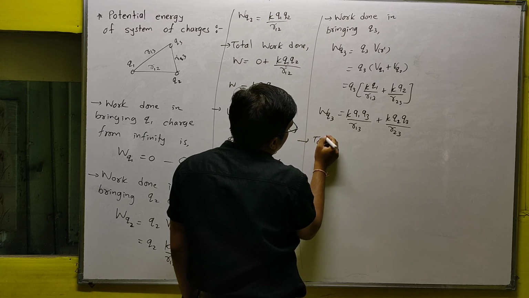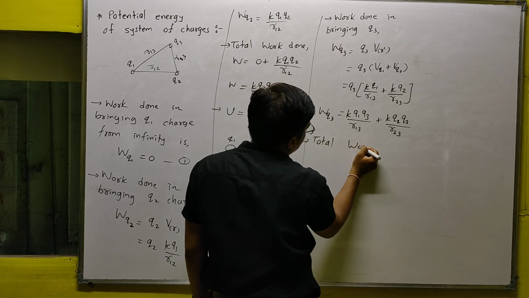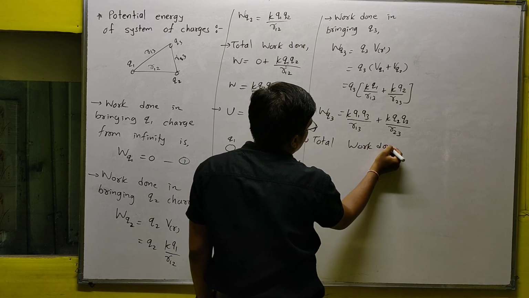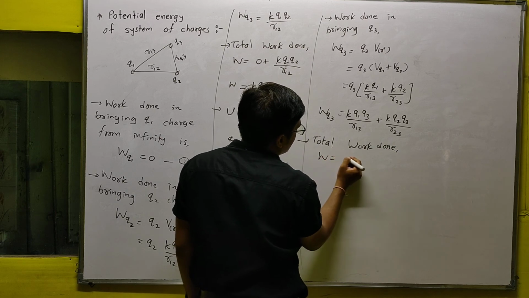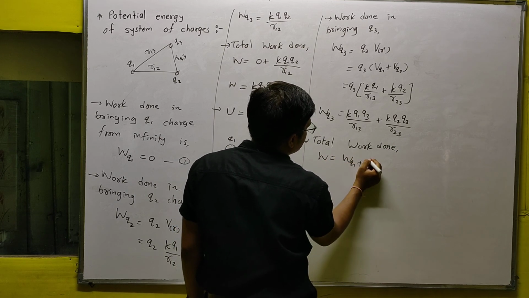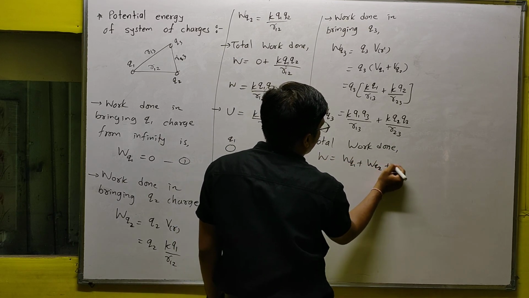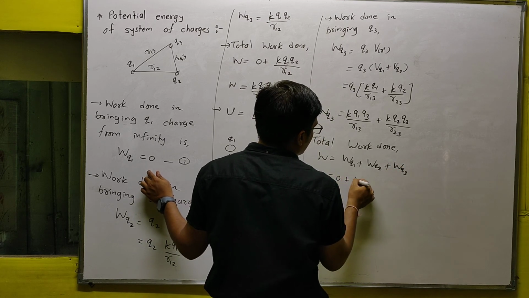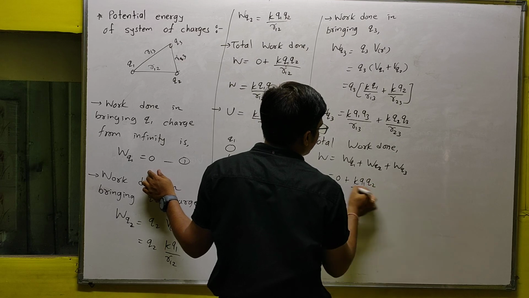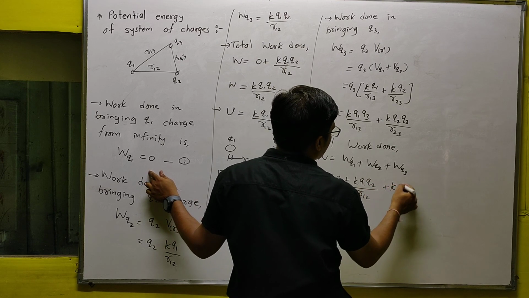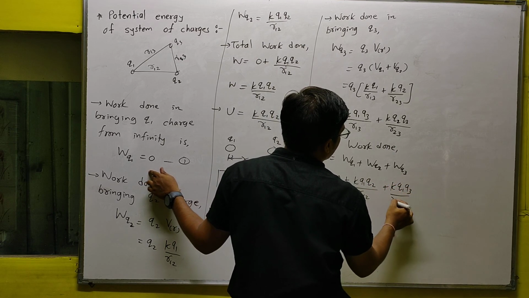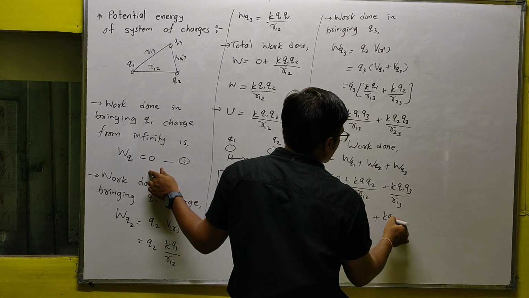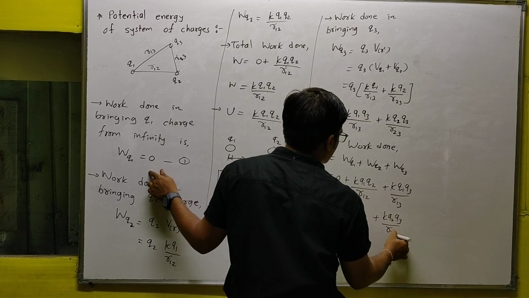So the total work done is the summation of all this. Work done in bringing q1 is 0, work done in bringing q2 is k q1 q2 divided by r12, and work done in bringing q3 is k q1 q3 by r13 plus k q2 q3 by r23.